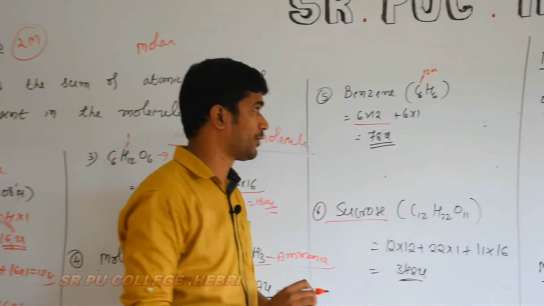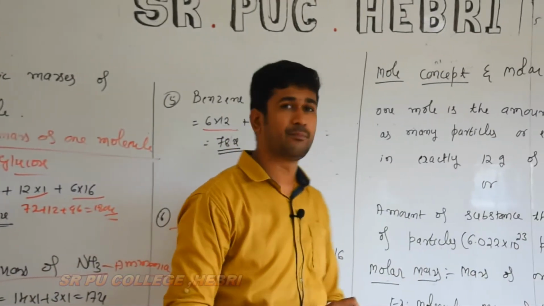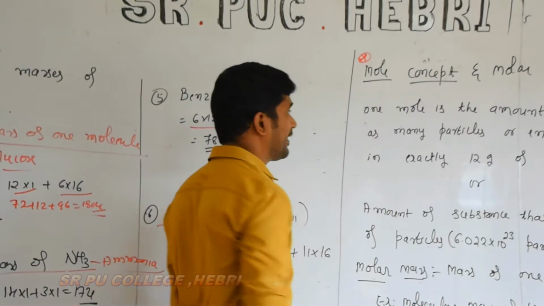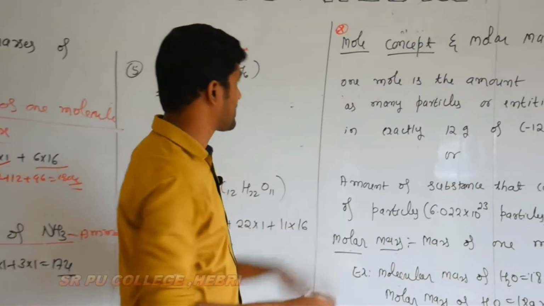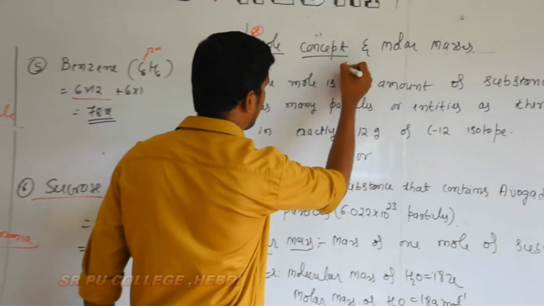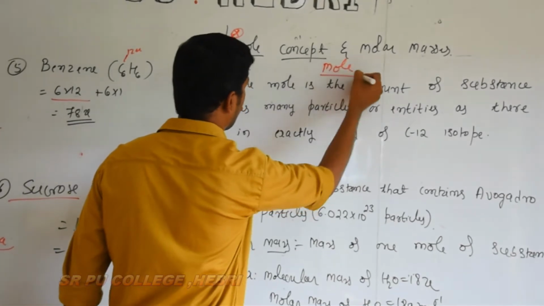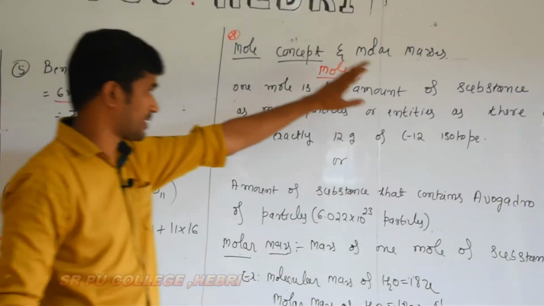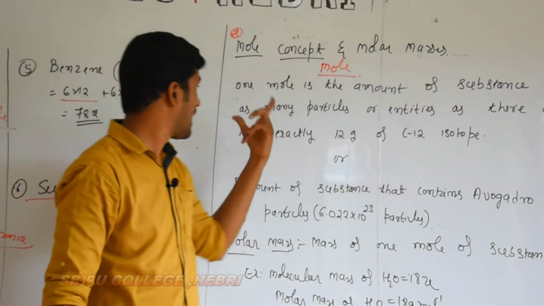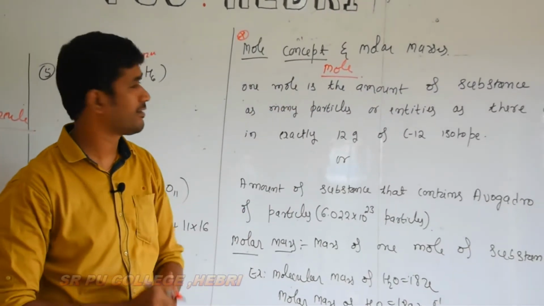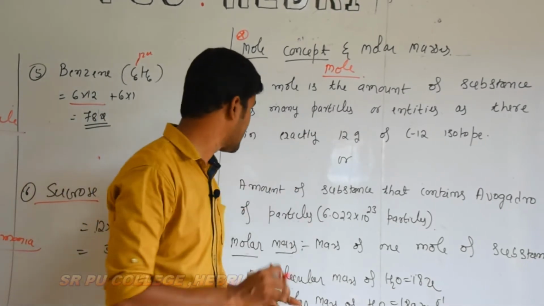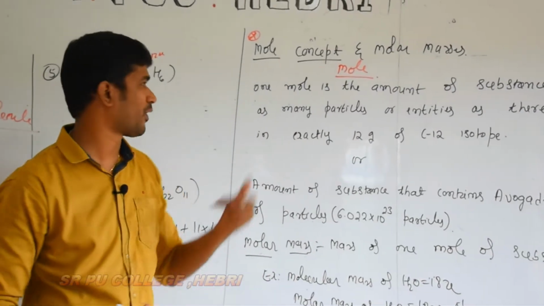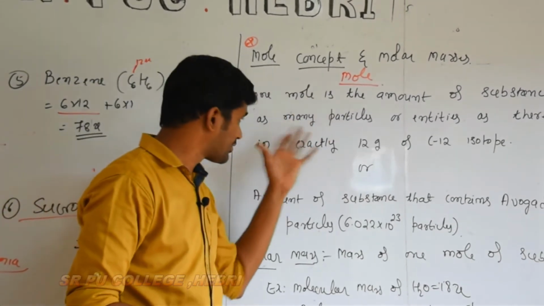Next concept is about the mole concept and molar masses. This is also very, very important. Here we need to define the IUPAC term or SI unit, that is the mole. What is a mole? How do you define it? One mole is the amount of substance that contains as many particles or entities as there are atoms in exactly 12 gram of the carbon-12 isotope.